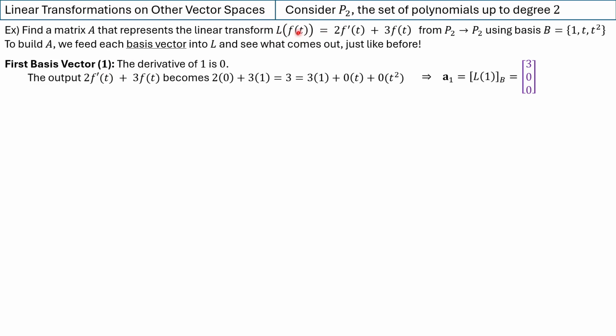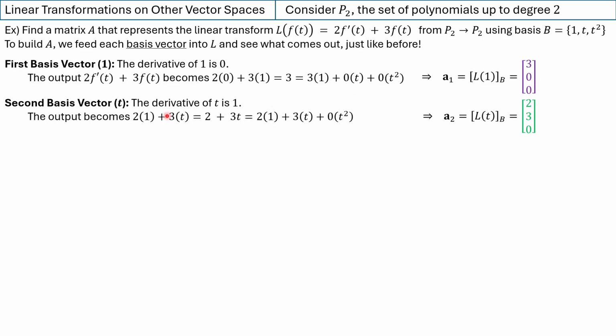We're mapping a function to 2 times the function's derivative plus 3 times the function. The derivative of 1 is 0, so the output is going to be 2 times 0 plus 3 times the original function 1. That's 3, which if we wanted to write in the new basis 1, t, and t squared is going to be 3, 0, 0. That's 3 1's plus 0 t's plus 0 t squareds. 3, 0, 0, the coordinates of this.